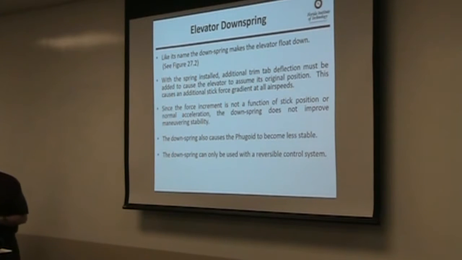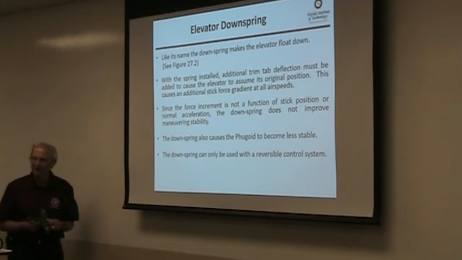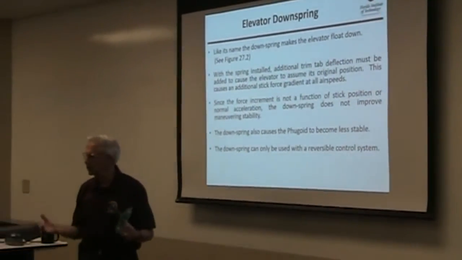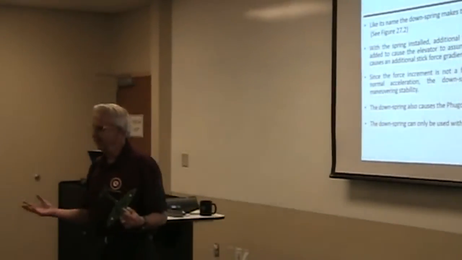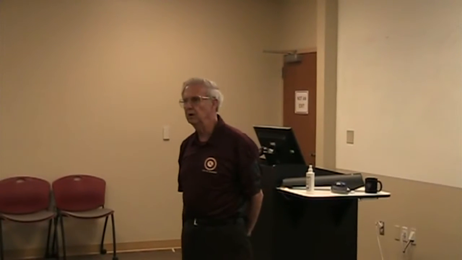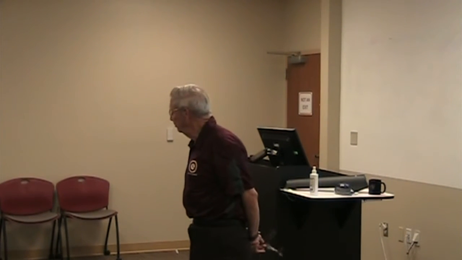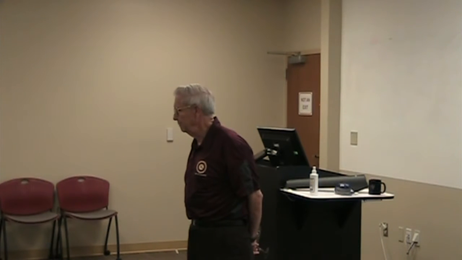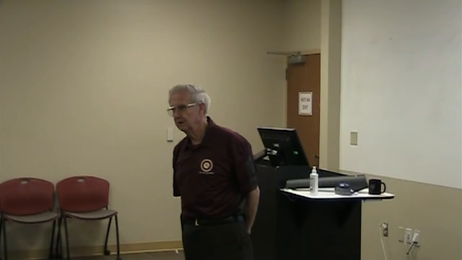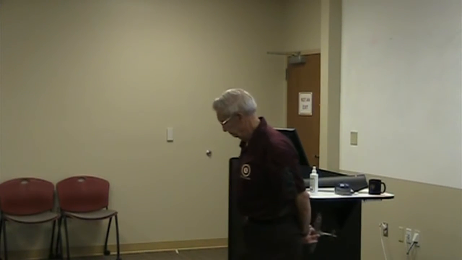And since the force increment isn't a function of stick position or normal acceleration, the downspring doesn't improve maneuvering stability. So if you're going to use a downspring, and a lot of airplanes do, you're not going to improve maneuvering stability a bit. You'll improve longitudinal stability, but not maneuvering stability.